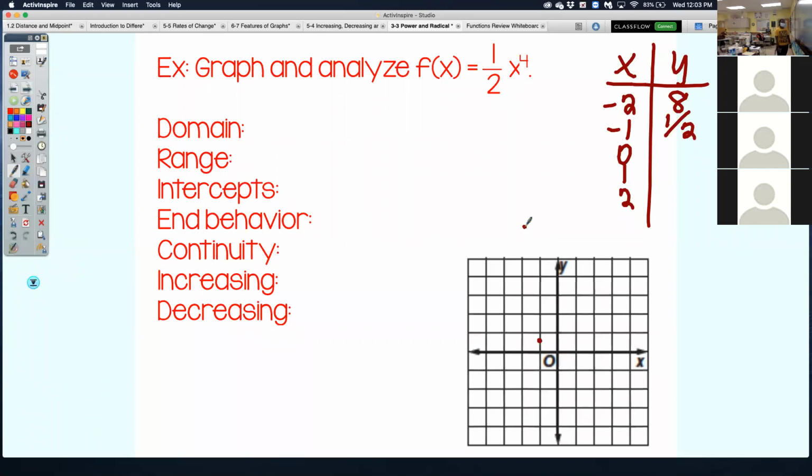When I plug in 0, 0 to any power times any number is going to be 0. So I got 0, 0. When I plug in 1, I get 1/2. And when I plug in 2, I get 8. Which makes sense. A is positive, n is even. So both ends should point up.